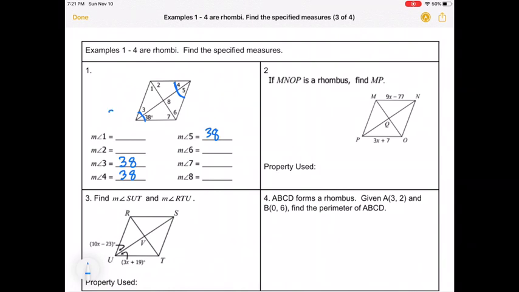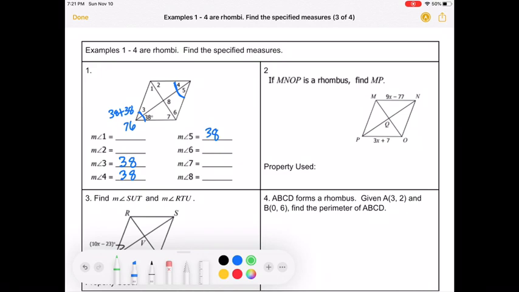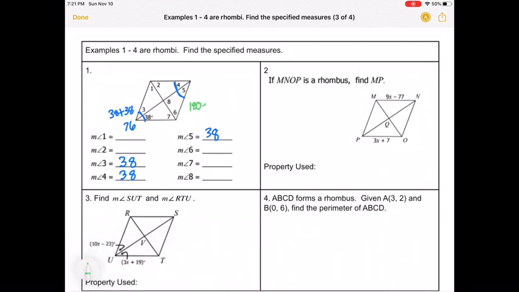Now on the left, you would have 38 plus 38 for a total of 76. So to find 6 and 7, you would do 180 minus 76, meaning that those two together are 104. To find 6 and 7, 104 divided by 2, so that is 52 and 52.